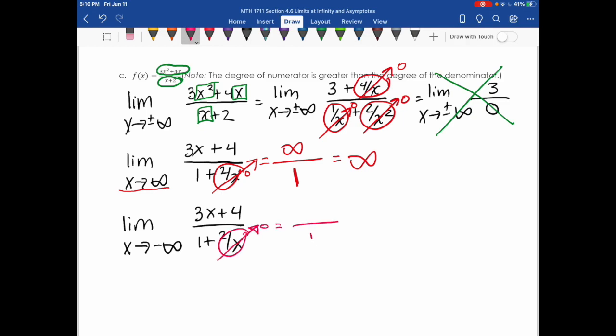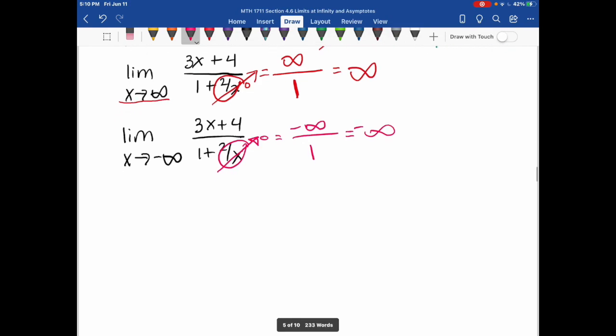So the denominator approaches 1. And then in the numerator, if I'm plugging in really, really big numbers but I have a negative in front of those big numbers, then the top is going to approach negative infinity. So the whole function, as x approaches negative infinity, is going to approach negative infinity.